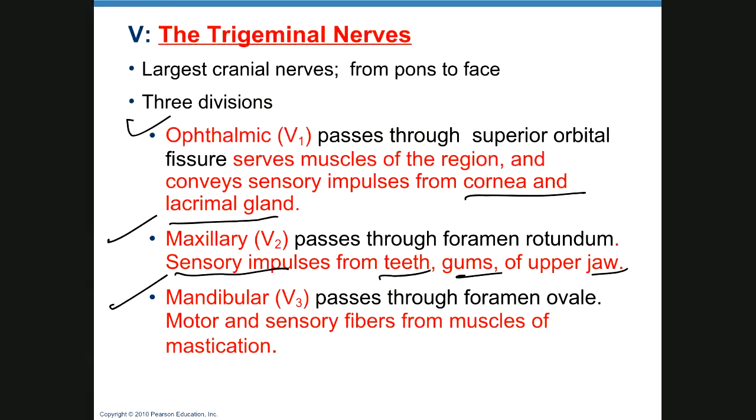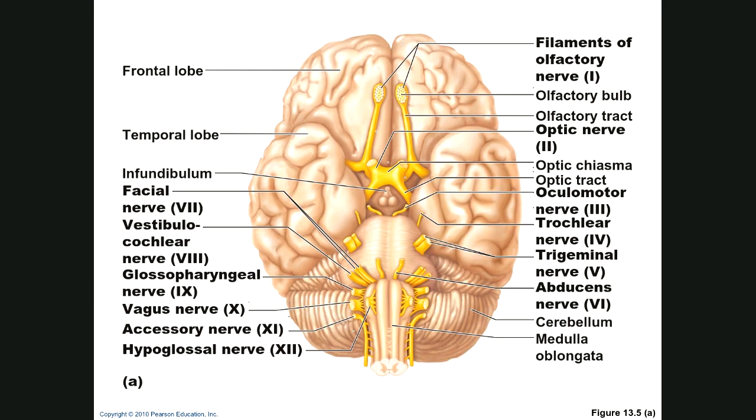Also in the mandible, it innervates the muscles of mastication. So that's a motor function. So it has sensory and motor functions. It is a mixed nerve. Its location, it's right on the pons. This is the largest cranial nerve, right there, the trigeminal nerve.